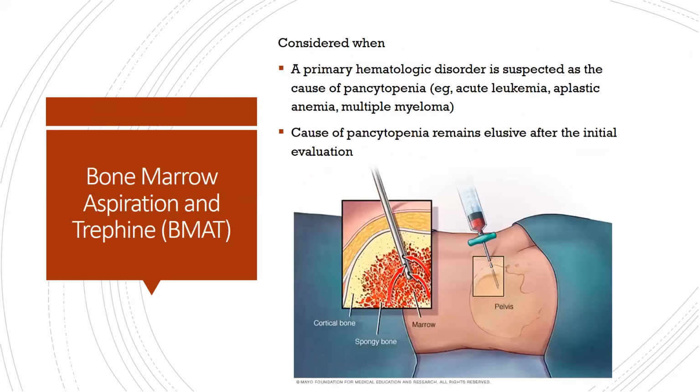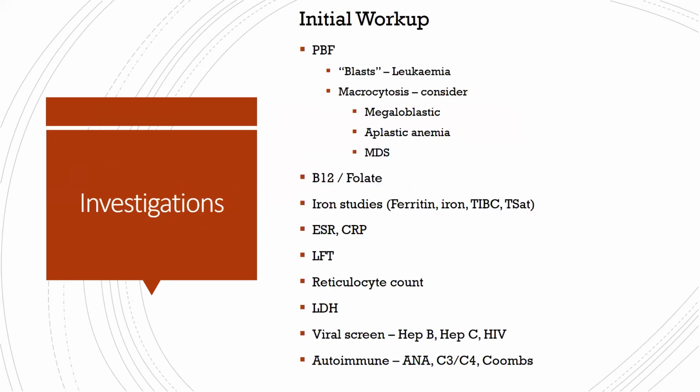I think it's quite important; these are the list of investigations to take. But the most important one is, when the patient presents initially, get the PBF first to rule out any signs of hematological malignancy, leukemia, like that.